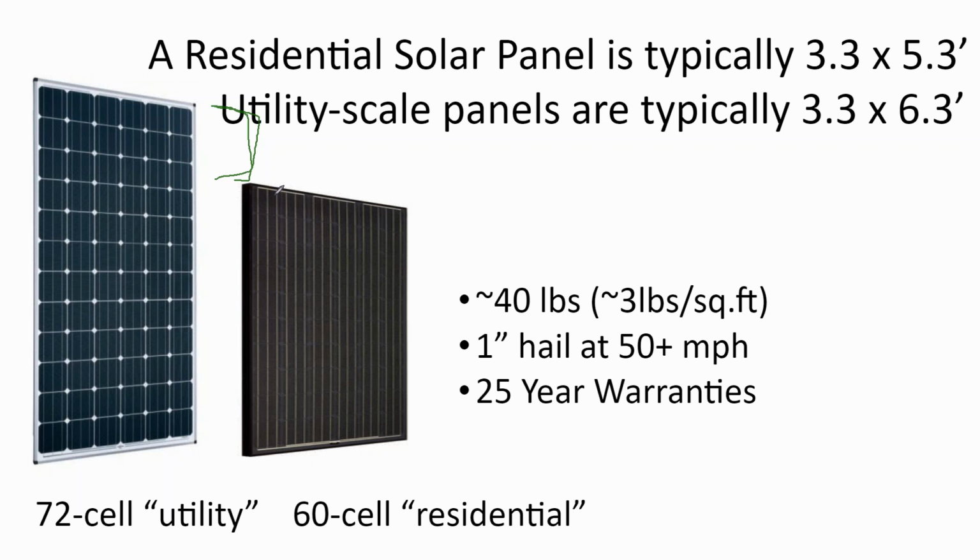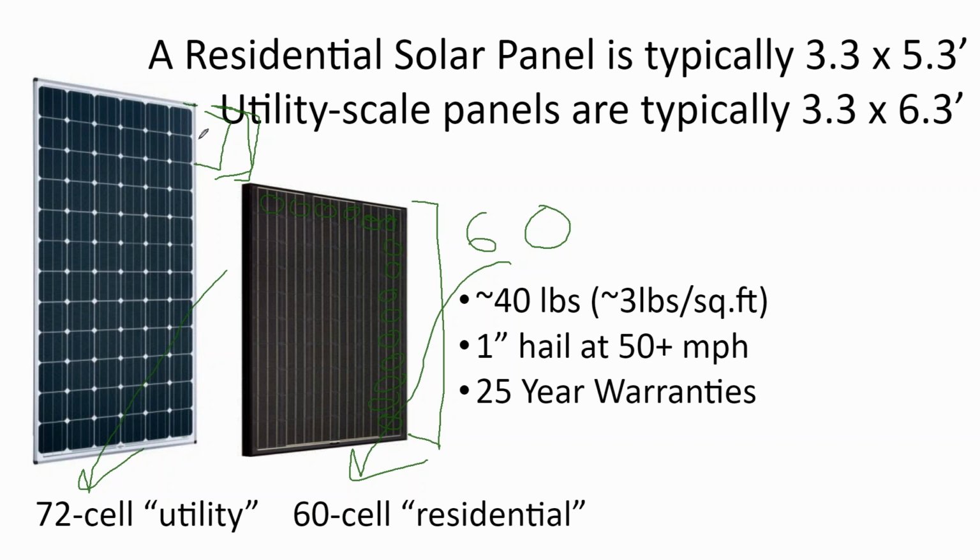Typically at the residential level, you get cells that are about 6 across and about 10 down, and that's called a 60 cell module. On the utility scale, they call it a 72 cell module because literally they've added 2 more rows of cells to the panel and made them a little bit taller, slightly more cost effective.